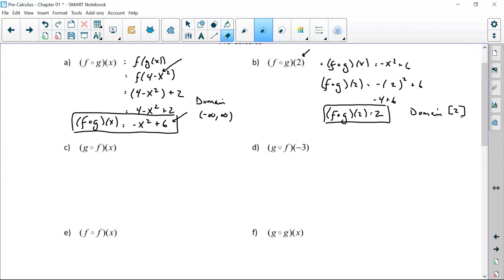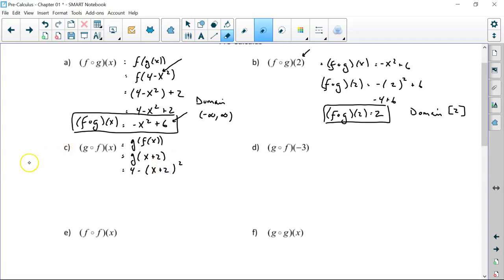For part C, we have g of f of x. Doing the same thing, we're just kind of switching them around. So it's going to be the function g at x plus 2. Now the function g is 4 minus x squared, so it's going to be 4 minus, leave it blank, something squared, and in that opening you put your input, x plus 2.